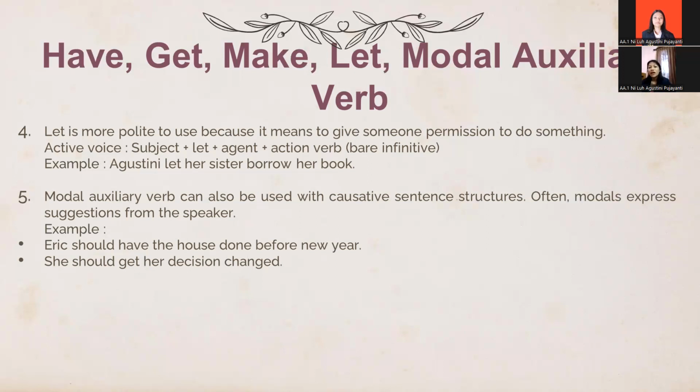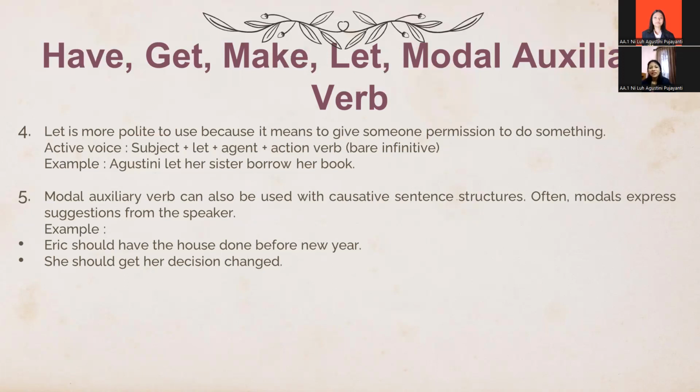The formula for using let in active voice is subject, let, plus agent, plus action verb or bare infinitive. So the example, Agustini let her sister borrow her book. In this case, Agustini gave her sister permission to borrow the book, which means the borrower is Agustini's sister, so the one doing the work is Agustini's sister.